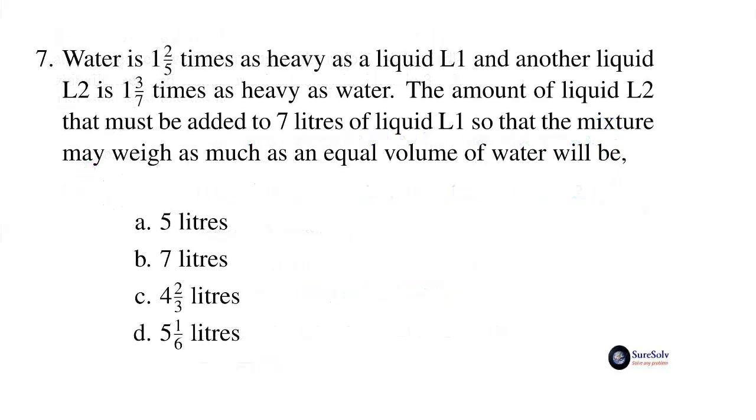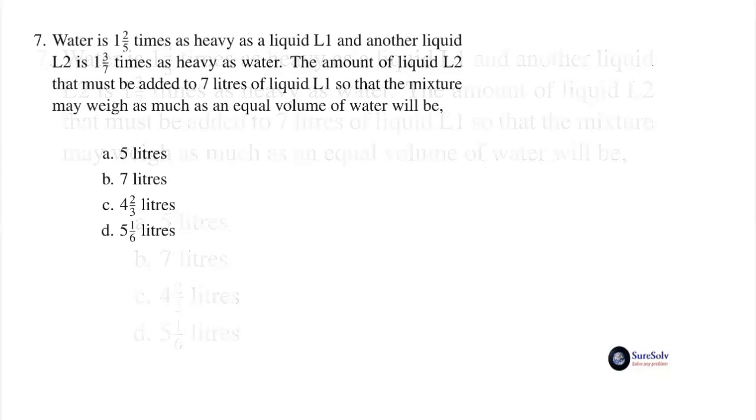Seventh question. Water is 1 2/5 times as heavy as a liquid L1 and another liquid L2 is 1 3/7 times as heavy as water. Find the amount of liquid L2 that must be added to 7 liters of liquid L1 so that the mixture may weigh as much as an equal volume of water.